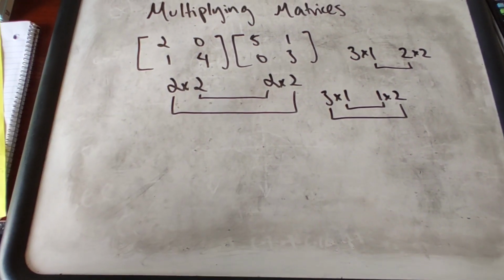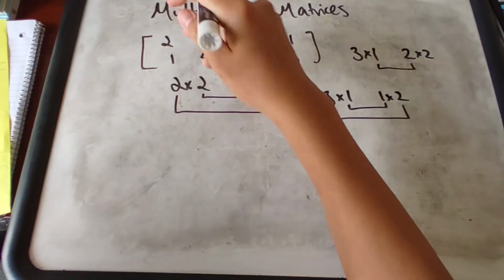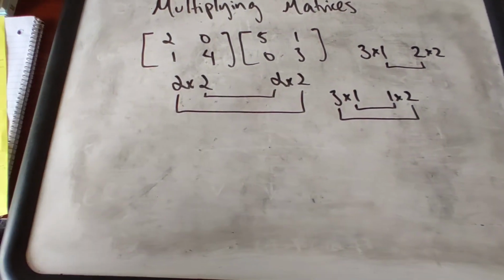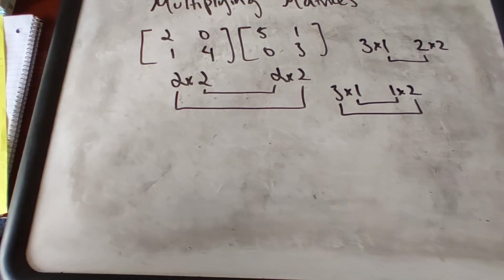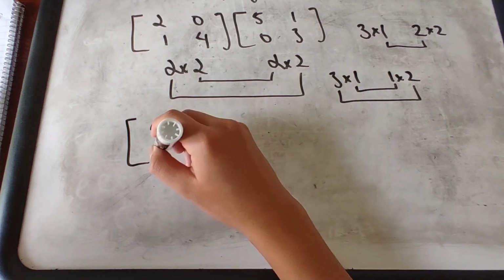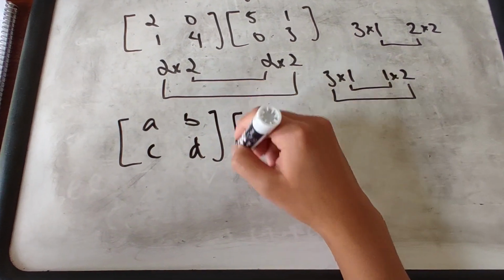When you multiply the matrices, it's not like multiplying this and that, this and that. It's not corresponding. There's a different style of multiplying matrices. So I'm just going to put it in general form here with variables.